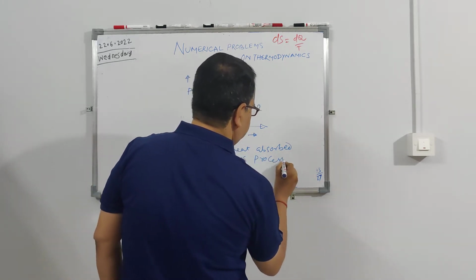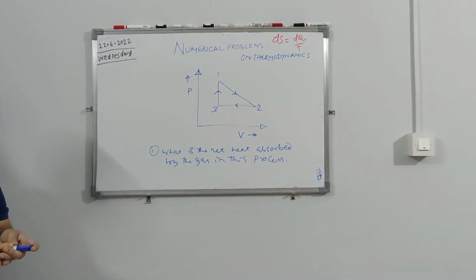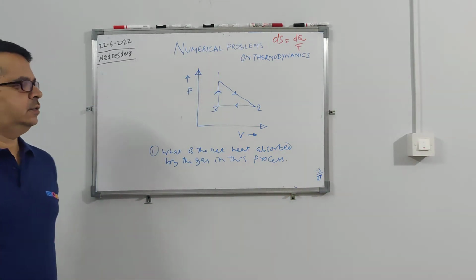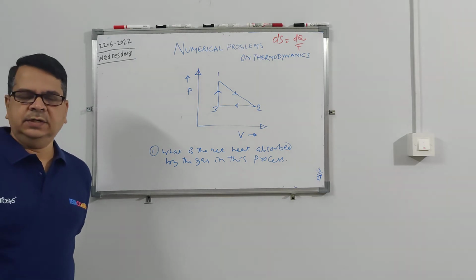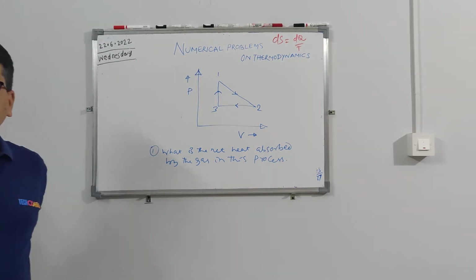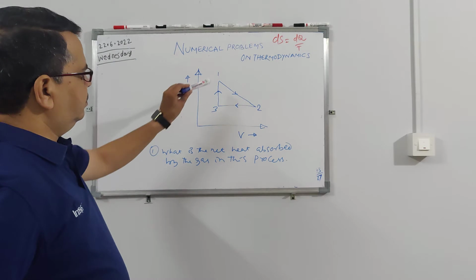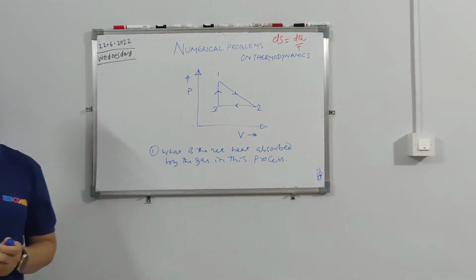So it's a gas. It has become a kind of cyclic process. Why cyclic process? Because it starts from one and it ends with one.